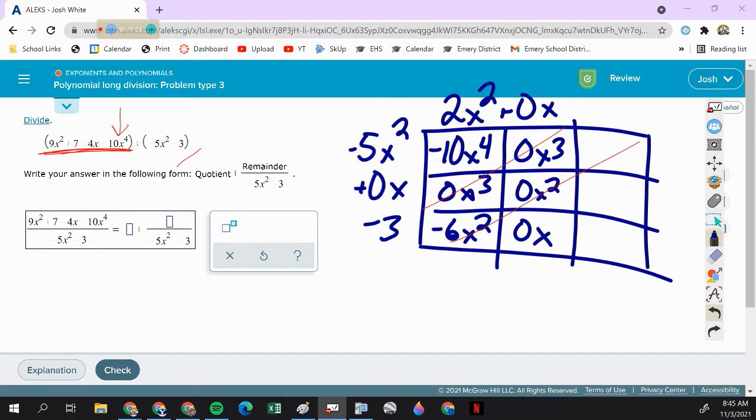Positive 9x squared. So I have negative 6 plus 0. How many more do I need to reach 9? What do you add to negative 6 to get 9? 15.